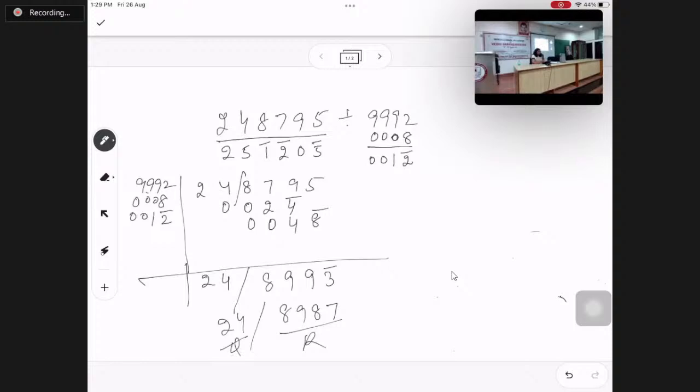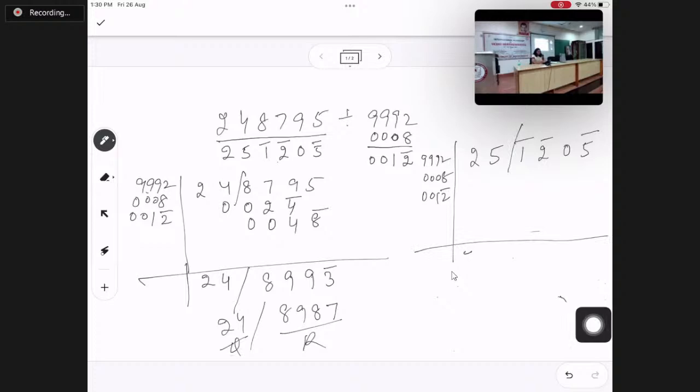Now the final method. In this we take vinculum with the vinculum. So it is 2, 5, 1 bar, 2 bar, 0, 5 bar. We divide this by 9992. Modified divisor is 008, 0012 bar. Put a slash. First number as it is, 2 into 0 is 0, 0, 2 ones are 2, 2 twos are 4 bar.